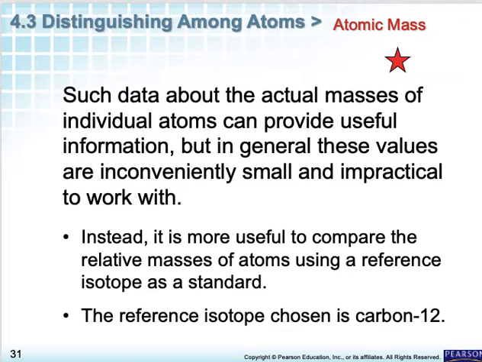So we had to use numbers that were a little bit easier to deal with. We decided to compare all elements to a reference isotope, and carbon-12 was the one we chose.